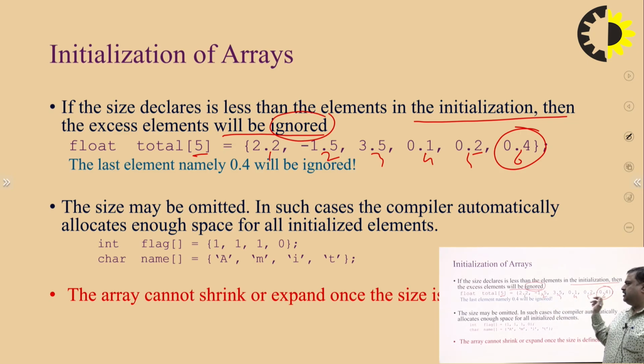The first 5 will be taken at index 0, 1, 2, 3, 4, and the last one will be ignored.